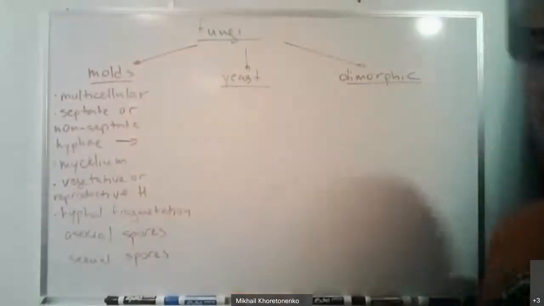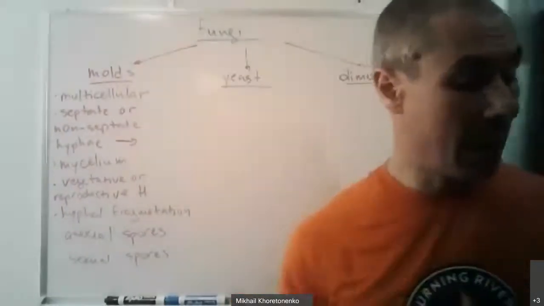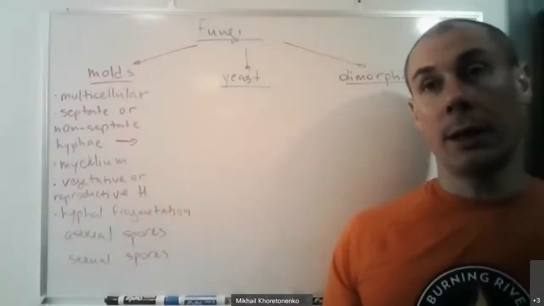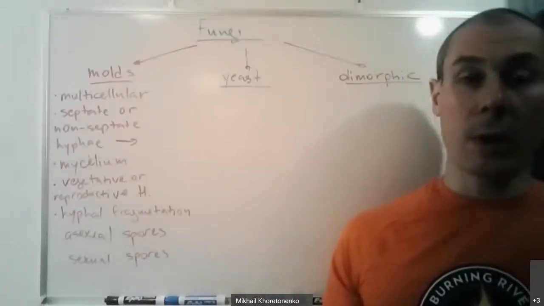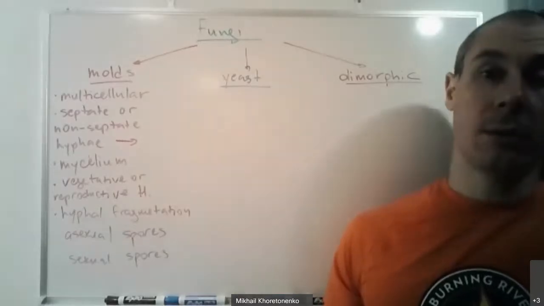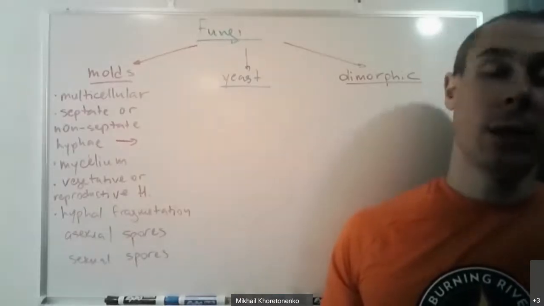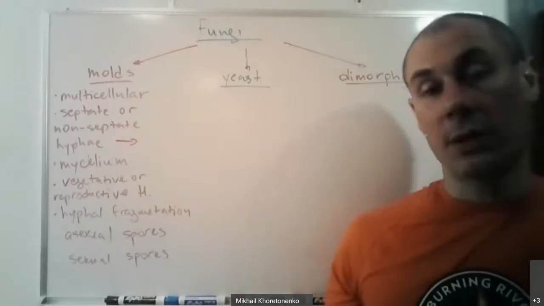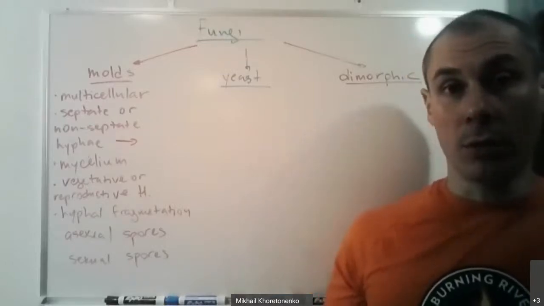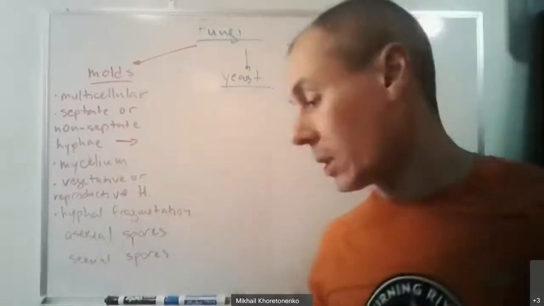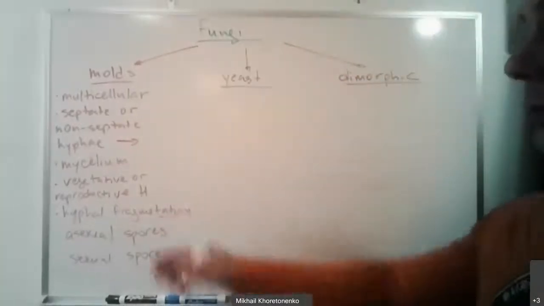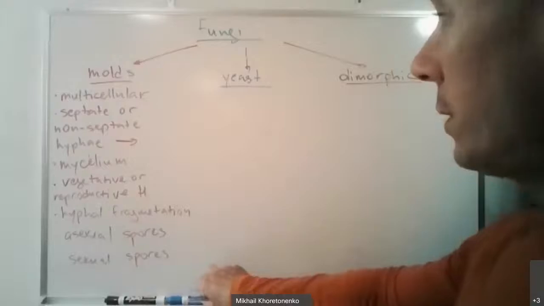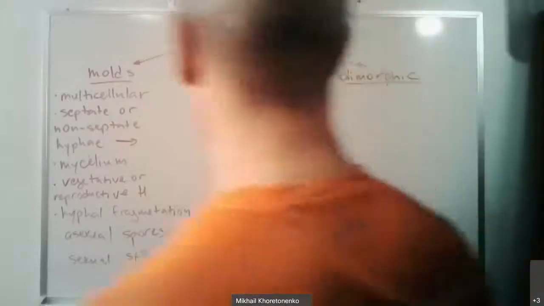So hyphal fragmentation is just when hyphal fragments fly away without forming spores. Pretty much like a tree branch, sometimes, if it's freshly snapped, can be placed in soil and eventually give rise to a new tree, a new trunk. Now, we're going to talk about the difference between sexual and asexual spores in a few minutes when we get to the yeast.